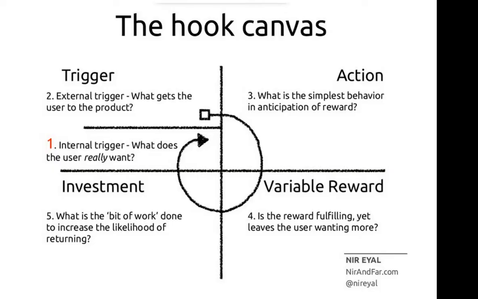For example, here at Accent, we're employing what's called the Hooked model, and this is by Nir Eyal, and it's basically a model that was used in social media and gaming originally, but it's something to trigger a response from a user and hopefully bring them in, give them a variable reward, and they get that variable reward and they want to invest more time into it.